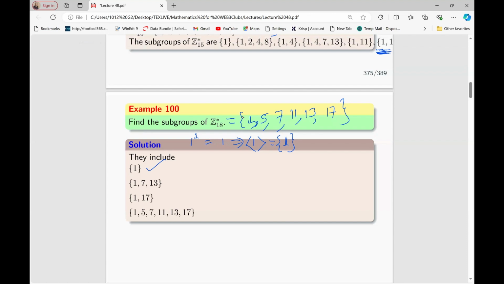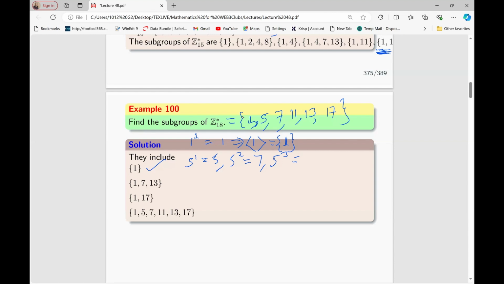Then we check 5. 5 once is 5. 5 twice is 25. Mod 18, that is 7. 5 thrice is 5 twice times 5, so 7 times 5, which is 35.